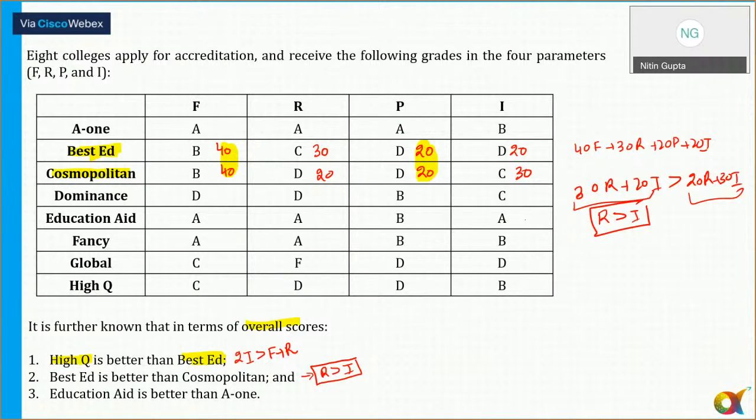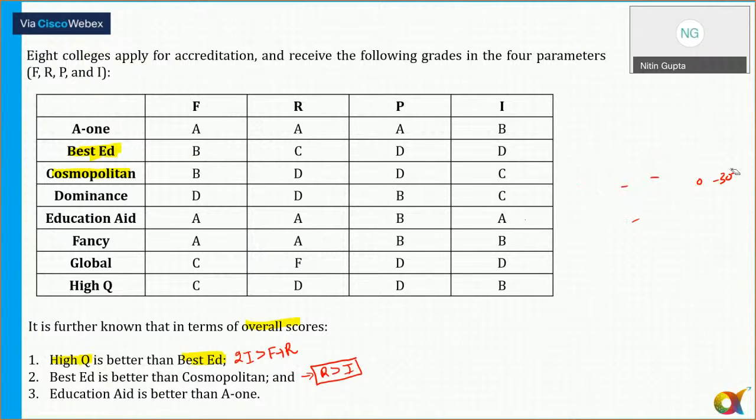Let's go to number 3 now. Point number 3: compare education aid and the A1. So let's compare education aid and the A1. Here it is A and A. There is no change.